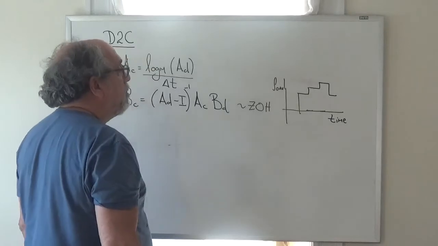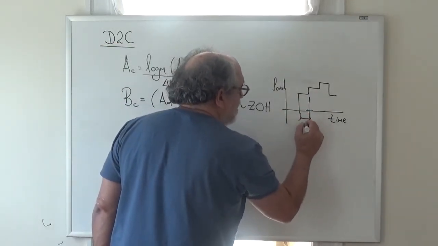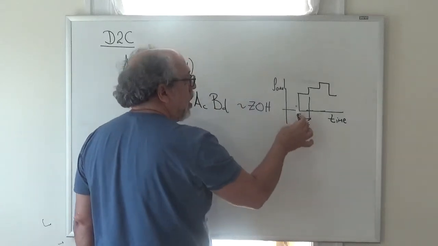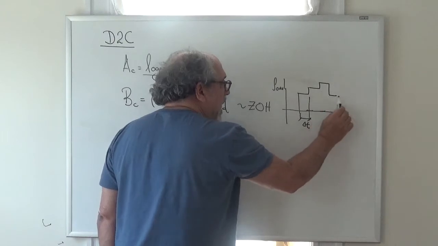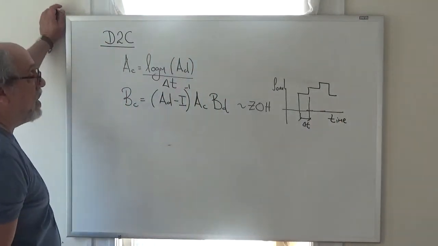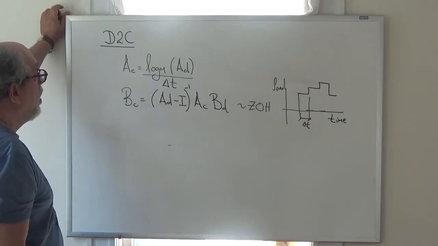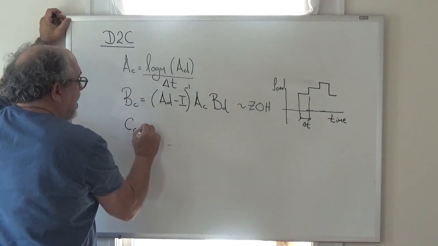So if the load within a time step, of course time steps are very small, is assumed to be flat and to change like that, then this is the exact formula that connects the continuous to the discrete model. So we have A continuous and B continuous. Now C continuous is just C discrete.